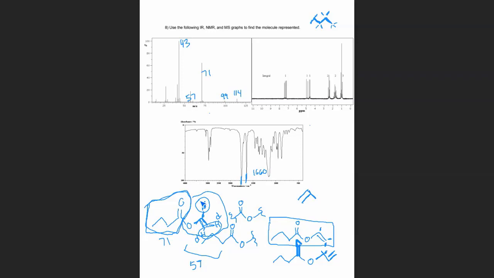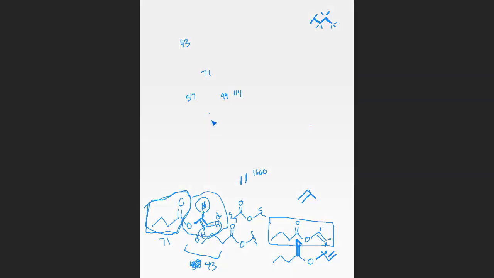Let me calculate this. Okay, this is actually 43, not 57. With the 43 and 71, they're kind of linked together. It depends on which one has the carbocation.